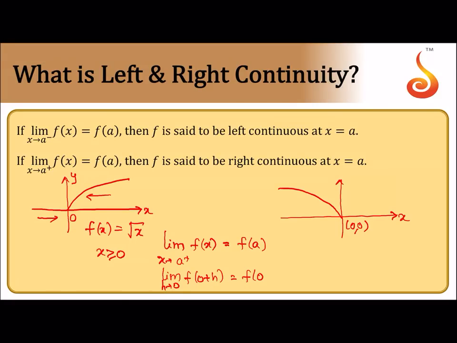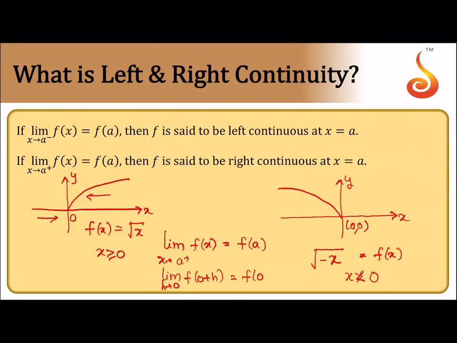Similarly, if I draw a graph like this, this is 0, 0. This is the x-axis, this is the y-axis, and the function is not there on the right. So this is under root of minus x, this is equal to f of x. Whenever you put a negative x value, what is the domain?